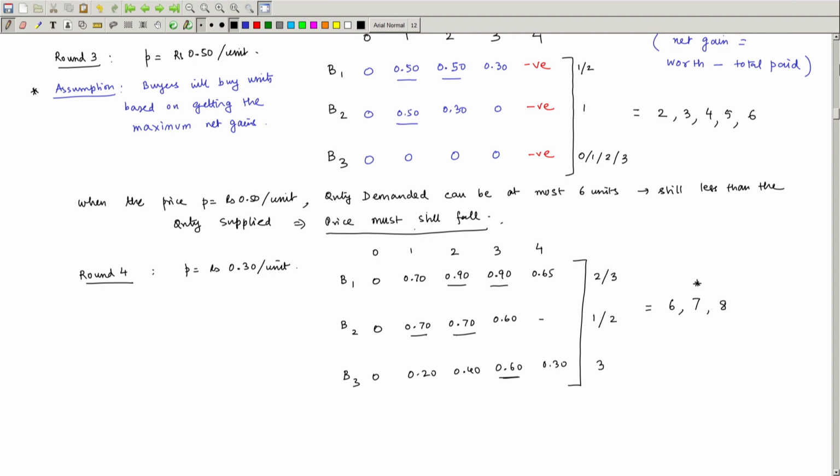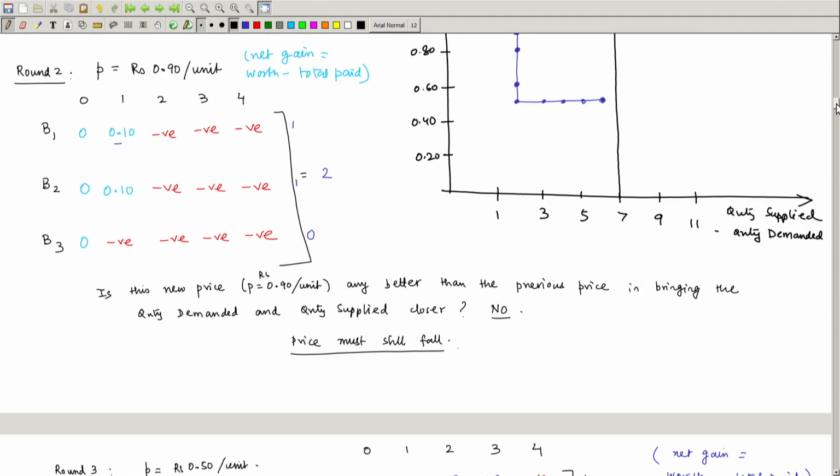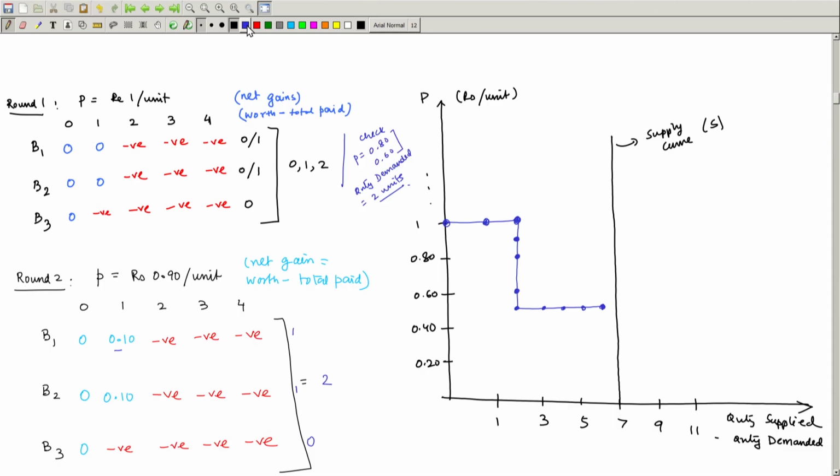So, now if I capture that information on this picture, I am going to get at a price of 0.3, so 0.3 is here, the quantity demanded is a number as small as 6, or could be 7, or could be 8. And you can check for all of these prices, the line is still going to be a straight line.